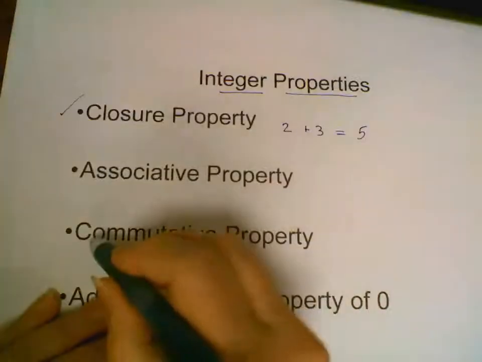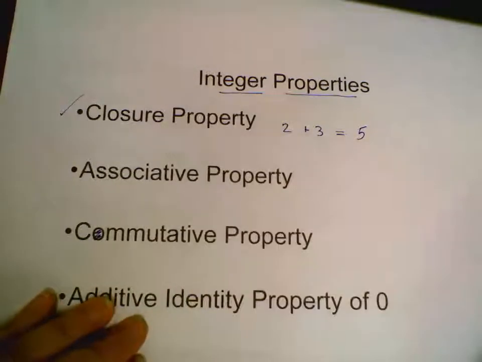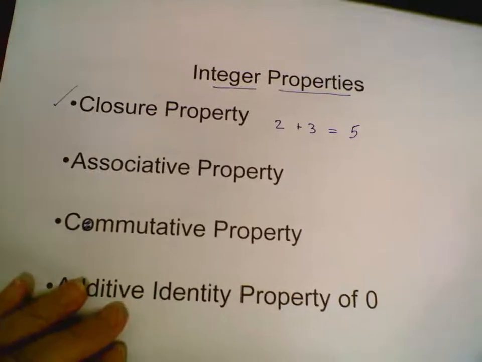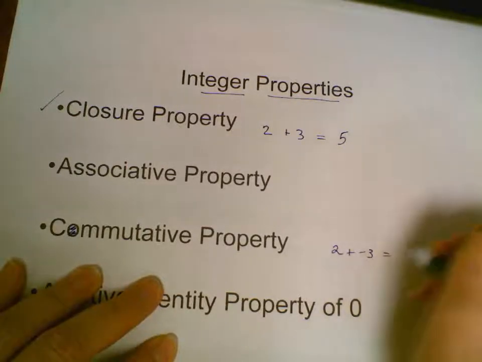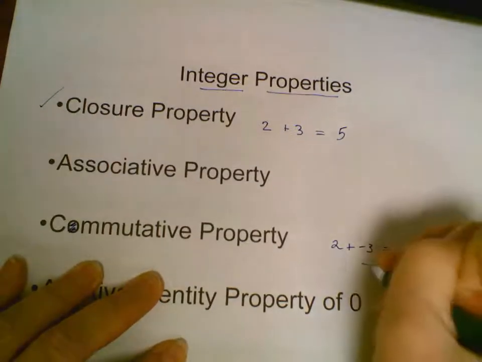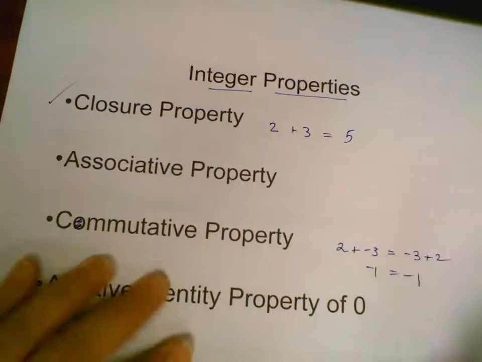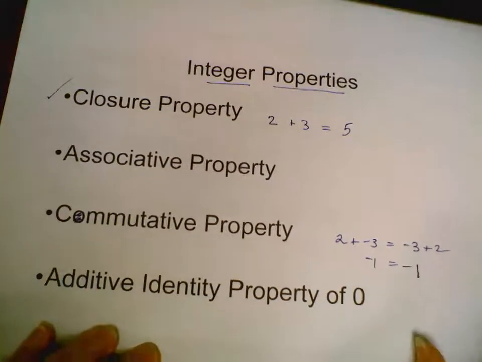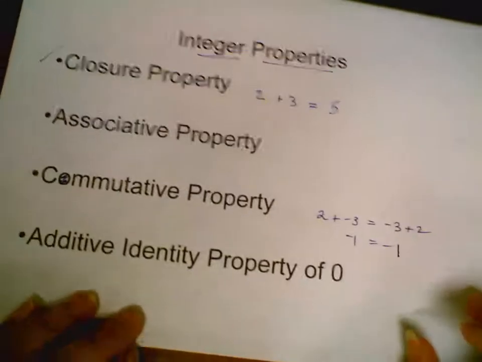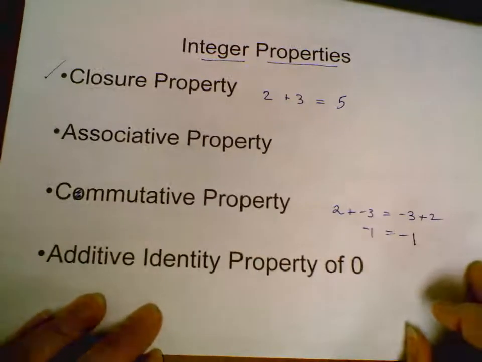Commutative property, do you remember what the rule is with that one? The order matters. If I have 2 plus negative 3, it better equal negative 3 plus 2. And it does. That's told to us by the commutative property. This might be a new one, additive identity property of 0.